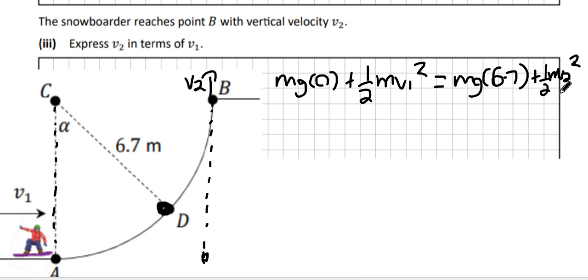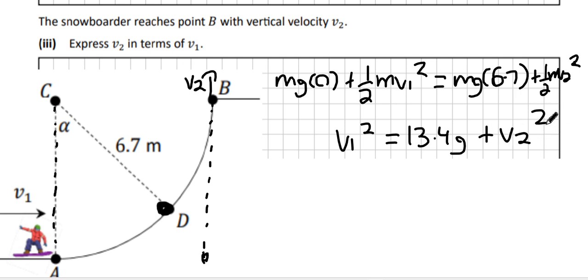And that's exactly what they want from you, actually. So I'm going to multiply both sides by 2 and get rid of the m's. So it's going to be v1 squared equals 13.4g plus v2 squared.